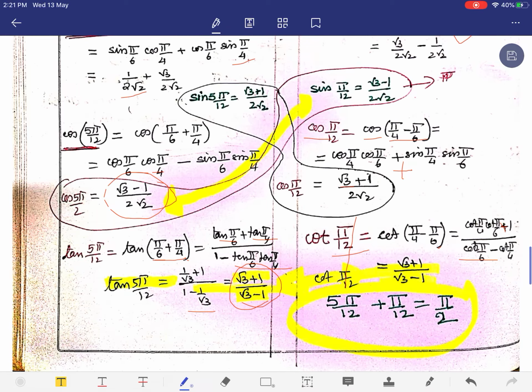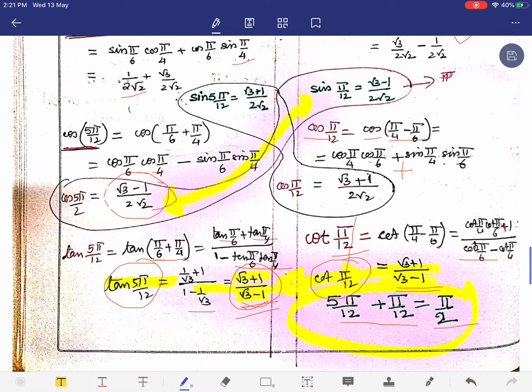So, what we find is that these two ratios have the same value, but one is cot pi on 12 and the other is tan 5 pi on 12. So, there is a relation: tan and cot are complementary ratios and the angles are also complementary.